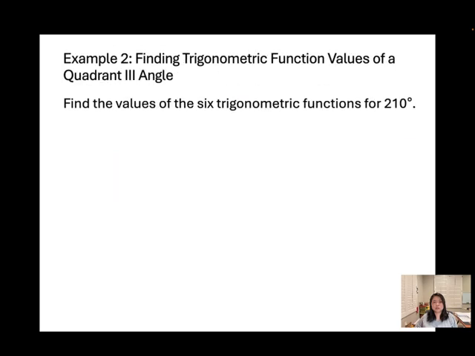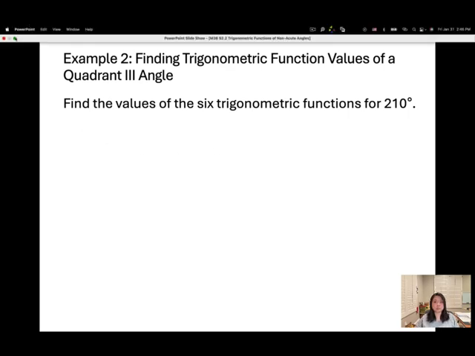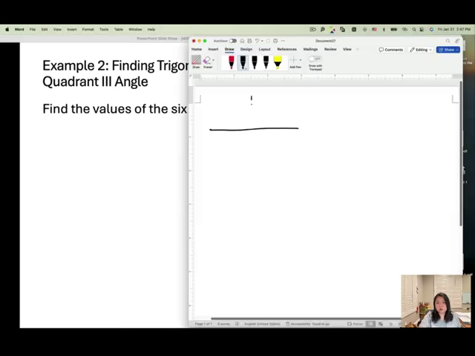Example 2. Find the values of the 6 trigonometric functions for 210 degrees. Let's do this one together. 210 degrees is in quadrant 3.